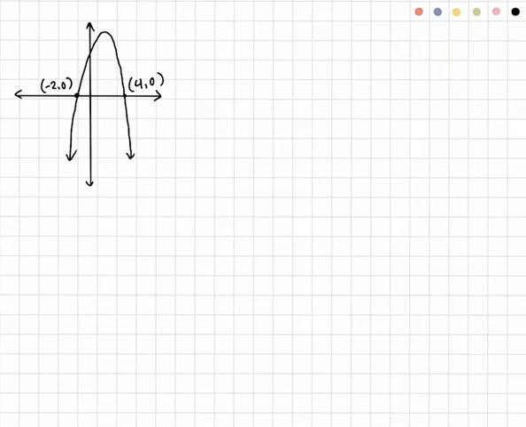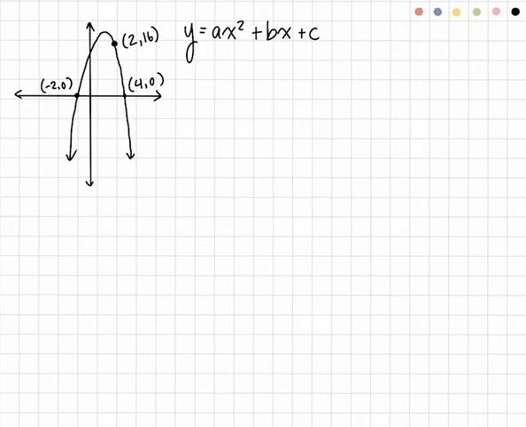They've given me another point somewhere around here, and that's 2 and 16. So they want you to write an equation in standard form, y equals ax squared plus bx plus c, using the information given in this graph.